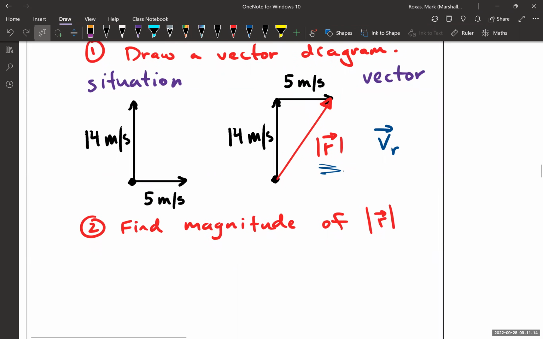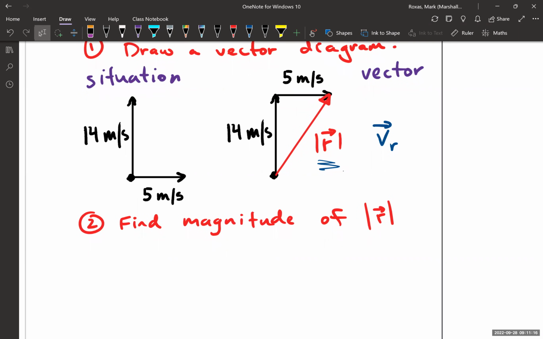Okay. And if I look at this diagram, I should see that, hey, I have a triangle. It's a right angle triangle because I know north and east are perpendicular to each other. So that's going to be a 90-degree angle there. And if I have a right angle triangle, what in my math toolkit do I know to solve a right angle triangle? Yeah, Pythagorean theorem. Good.